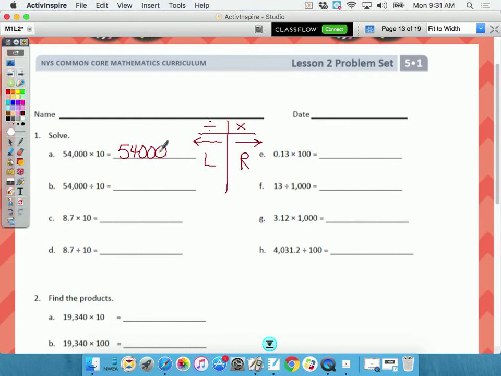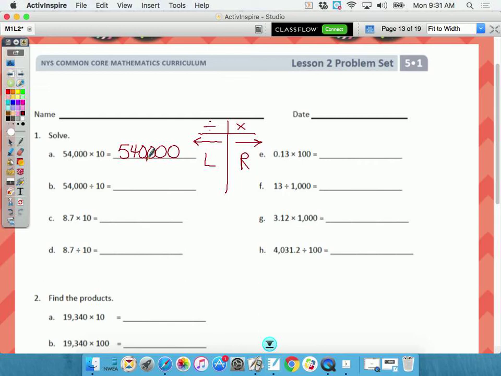So write 54,000. How many zeros am I adding, boys and girls? 1 zero. Then 1, 2, 3, put your comma back in. How do you say that number, class? 540,000. Okay, let's go down to B.